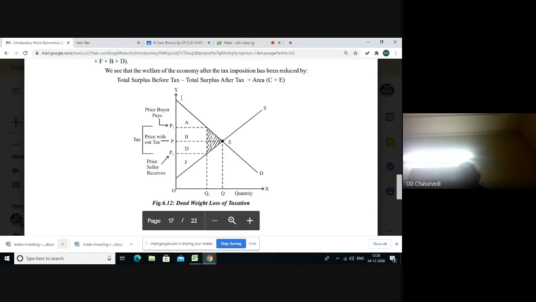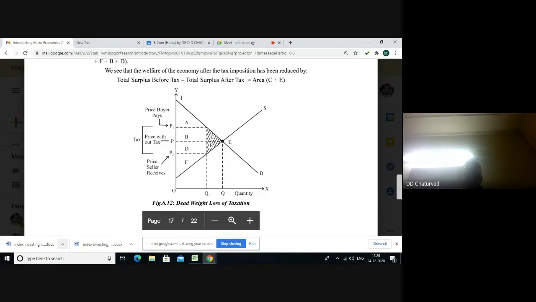Consumer surplus is the payment made by the consumers which is less in comparison to their willingness price. That means the difference between what the consumer is willing to pay and the amount actually paid by the consumer.